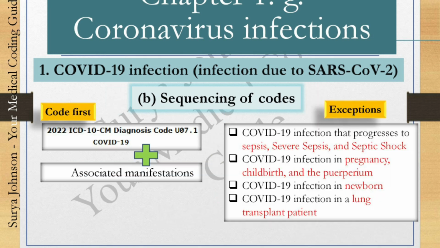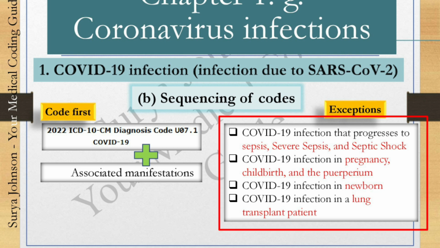The next one under COVID-19 infection, 1B, sequencing of codes. When the patient has a COVID infection and there are some other conditions or manifestations because of this COVID, you will be coding U07.1, which is coronavirus disease 19, and then you will code all the associated manifestations, whatever conditions or symptoms the patient is having because of this COVID, as add-on manifestation codes. The exception is when a COVID-19 infection later progresses to sepsis, severe sepsis and septic shock.